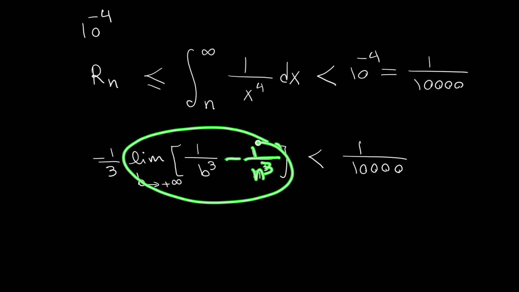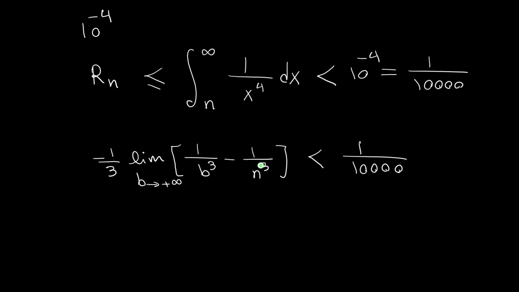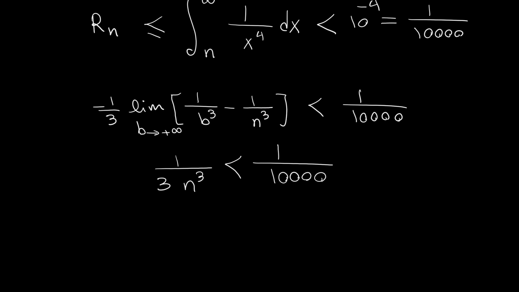So the answer for this part is negative 1 over n to power 3 times negative 1/3. It equals positive 1 over 3n to power 3, which should be less than 1 over 10,000. Now we need to solve this inequality.